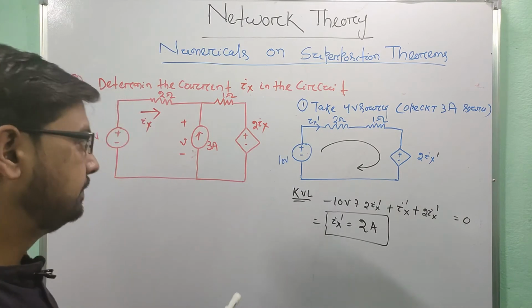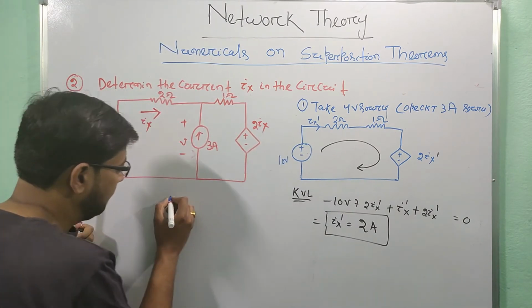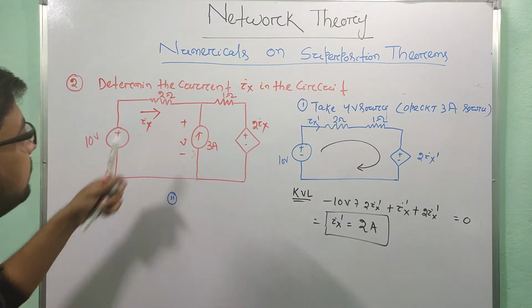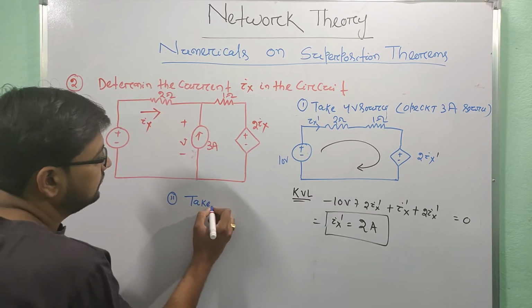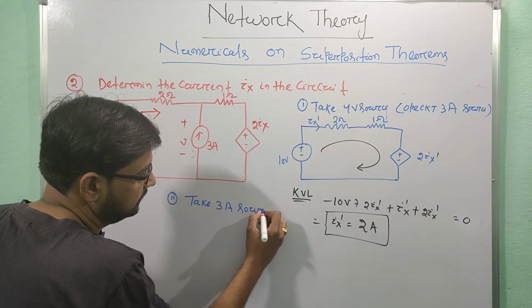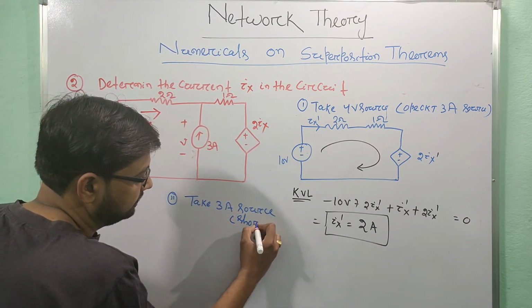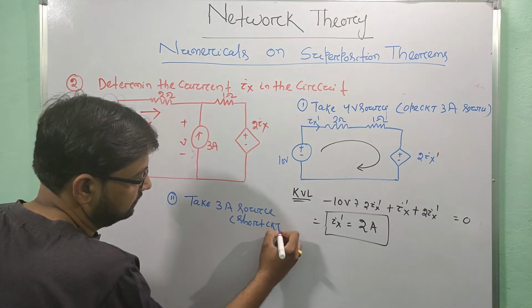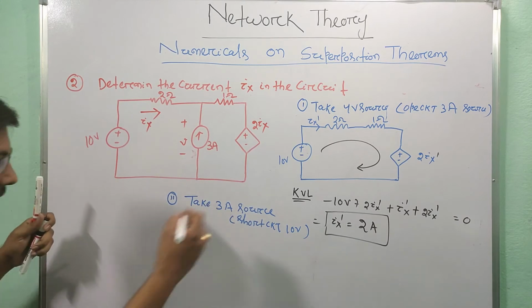Now next we will discuss point 2. For point 2, take the 3 ampere source. If I take the 3 ampere source, short circuit the 10 volt source. Now what is my circuit?